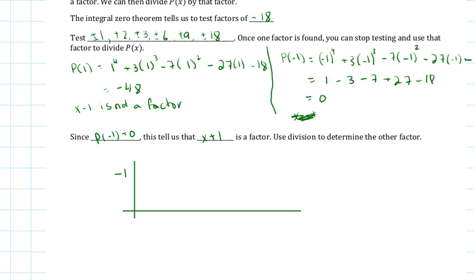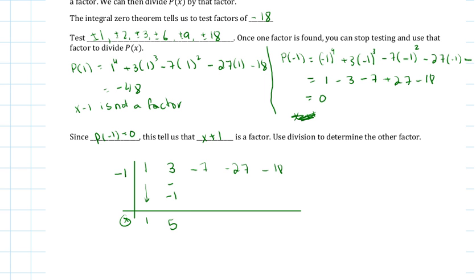All right, so I have 1, 3, negative 7, negative 27, and negative 18. So I bring down the 1, times negative 1, that's negative 1.